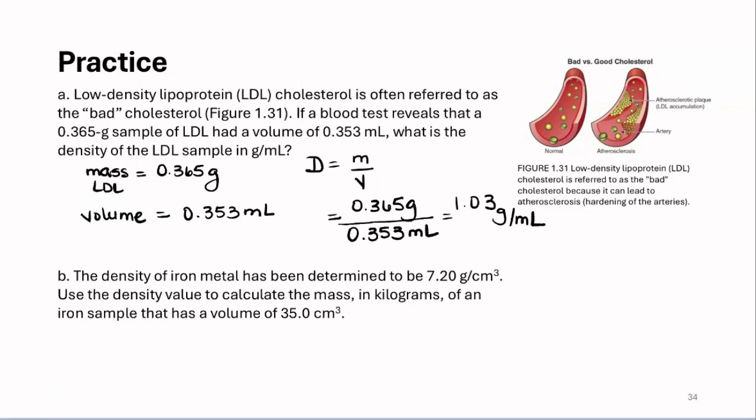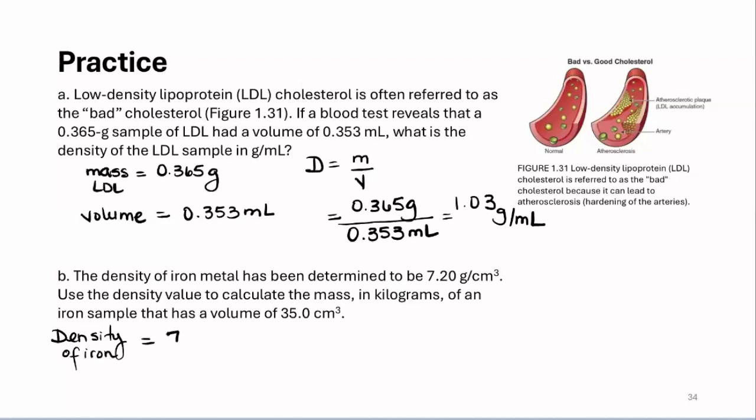It reads, the density of iron metal has been determined to be 7.20 grams per centimeters cubed. Use the density value to calculate mass in kilograms of an iron sample that has a volume of 35.0 centimeters cubed. Let's write down the information given. Here we have density for our object, which is iron.